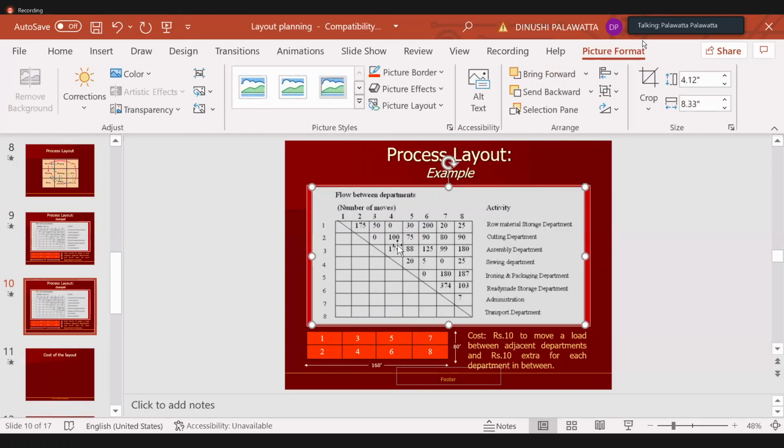Now you see, I'm going to work out from here. 1 and 2 are adjacent. So therefore, the cost between 1 and 2 is 175 multiplied by 10.